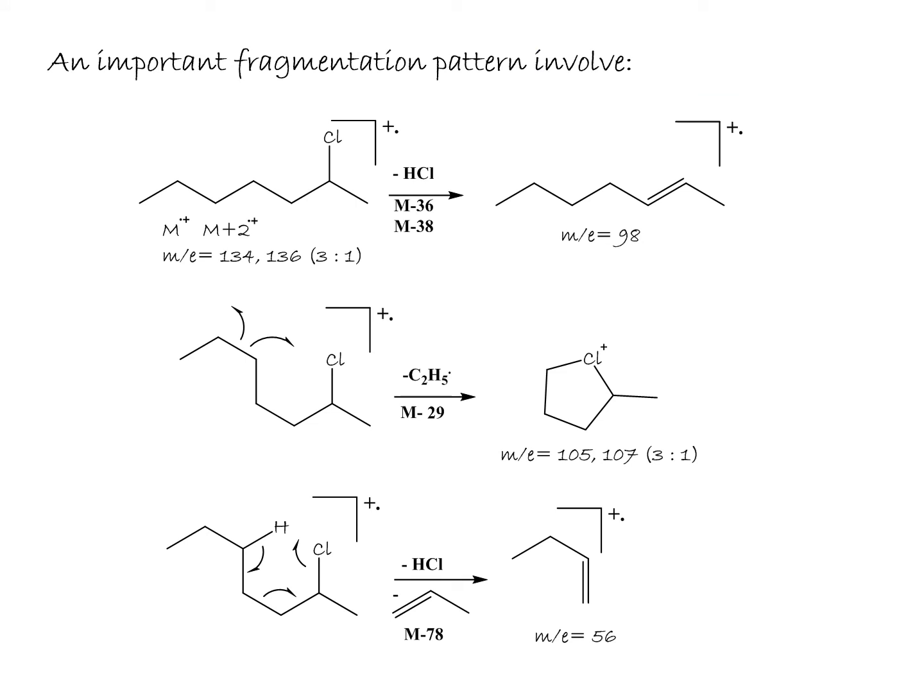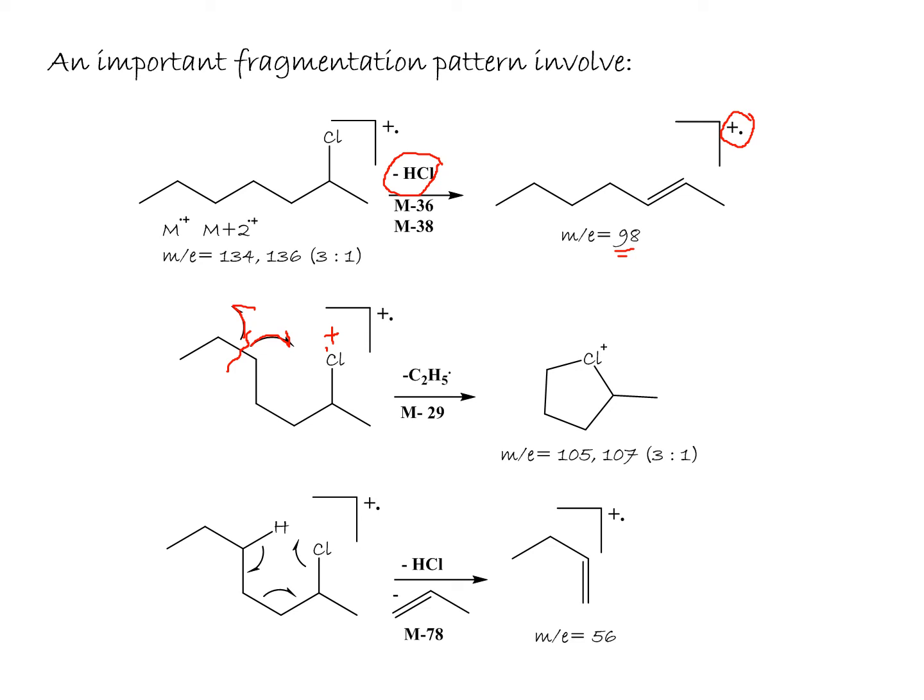An important fragmentation pattern involves first elimination of HCl. This is a neutral, so you will end up with a cation radical because HCl is neutral. If you eliminate C2H5, then you will end up with a halonium ion.